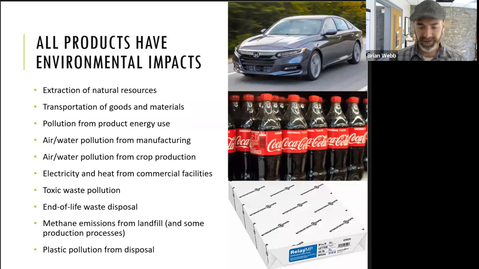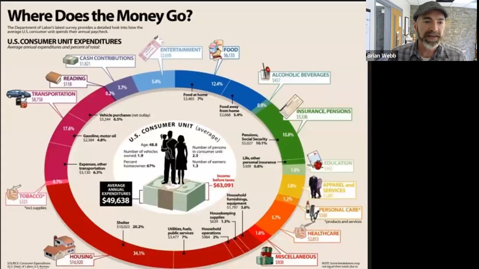So that's important for us to understand within this context of explaining why environmental challenges exist today and how human society contributes to that. Here's a really fascinating chart that I found that breaks down where the average household income, this is from an American perspective, goes.